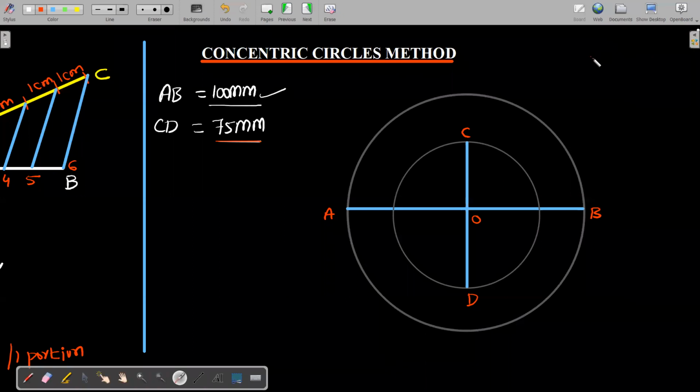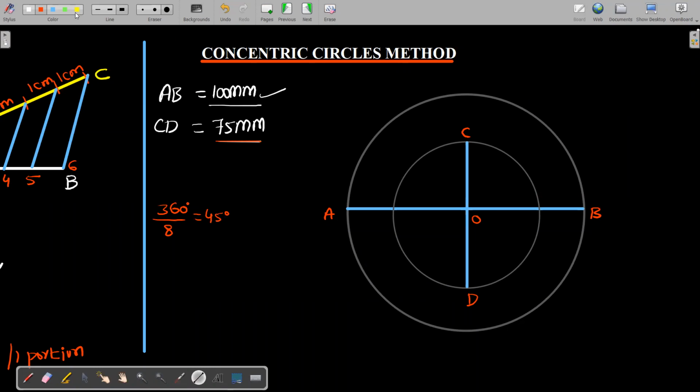So 8 means at what angle do we have to mark each division? Again, repeating, I want to divide this into 8 divisions. Now how can we divide? You do one thing: 360 degrees divided by 8. How much is it? Nothing but 45.